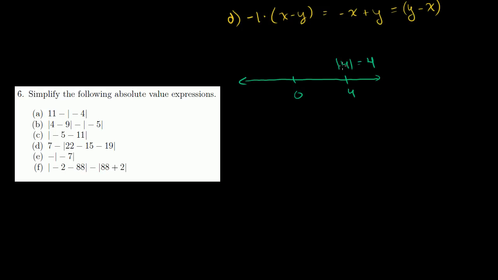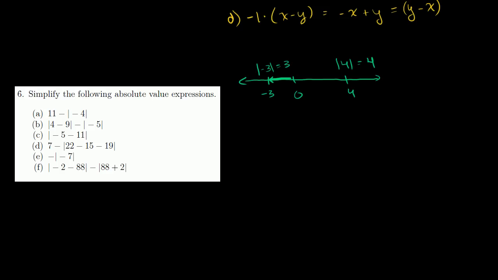So the absolute value of positive numbers is just the number. And let's say I had negative 3. How far is negative 3 from 0? I don't care whether it's to the left or the right of 0. It's just 3 away from 0. So this is going to be 3. One way to think about absolute value is whether it's positive or negative, it becomes positive. It's that far from 0.